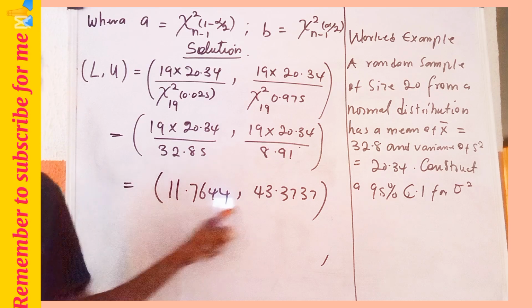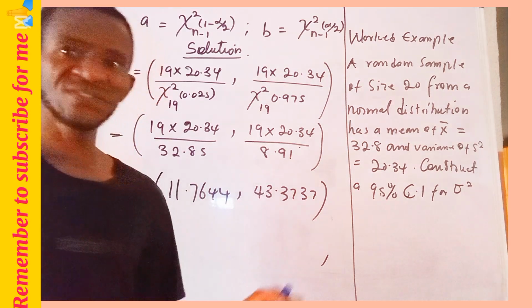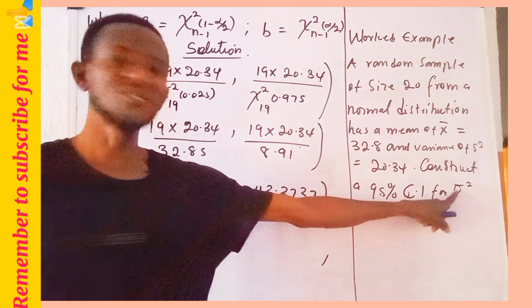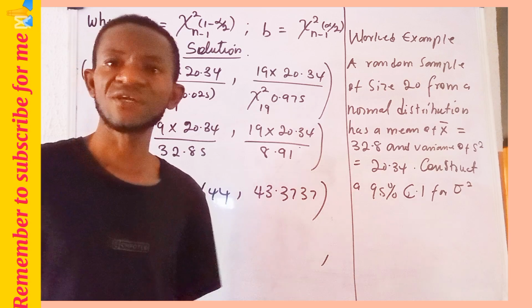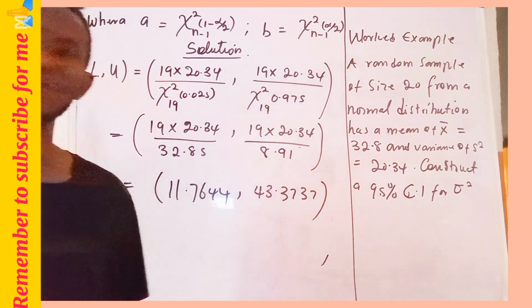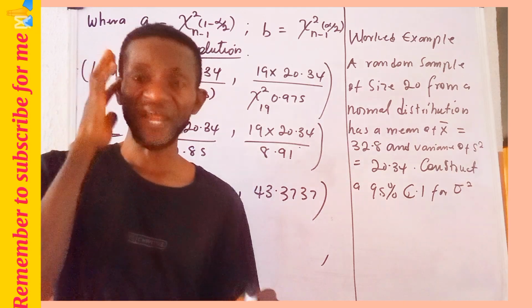So these become the values of the confidence interval that is going to bound or contain our population variance sigma squared at 95% confidence. This is how to go about constructing the confidence interval for one population variance.